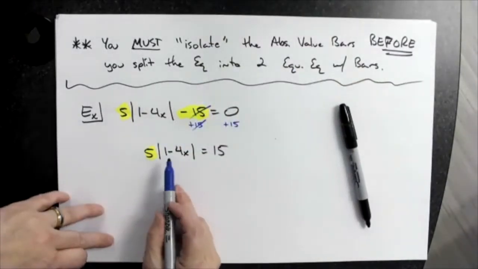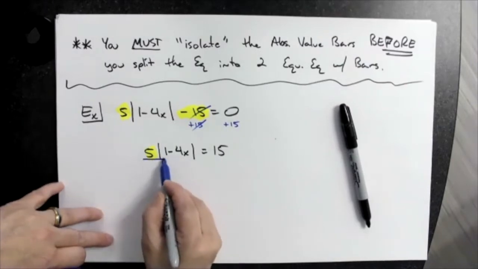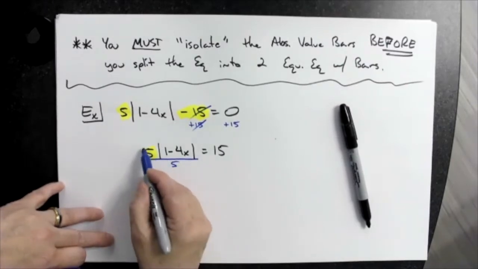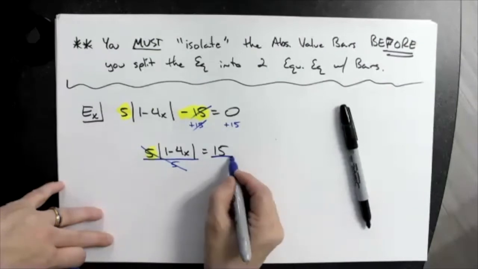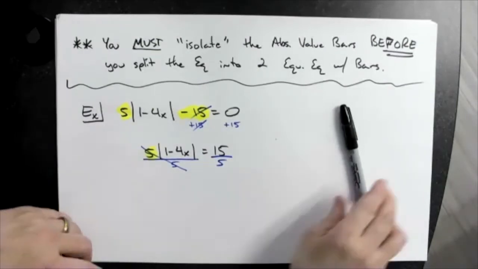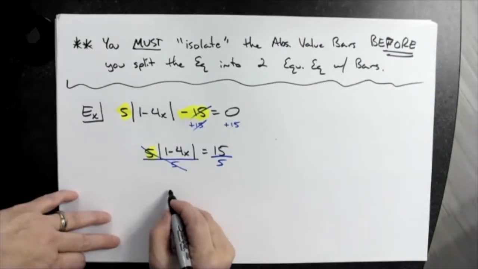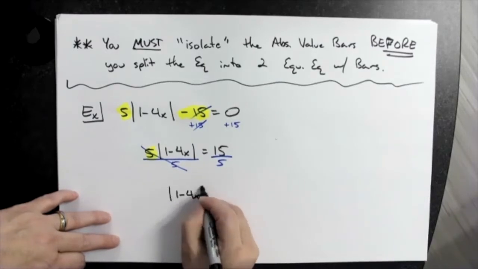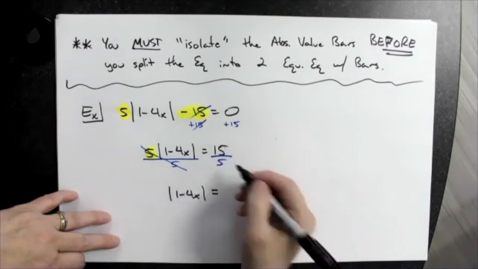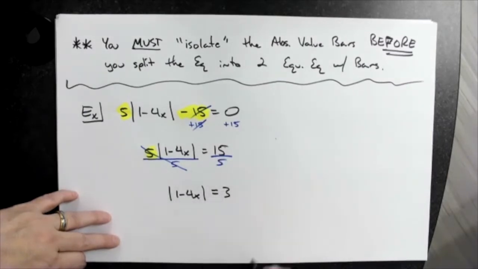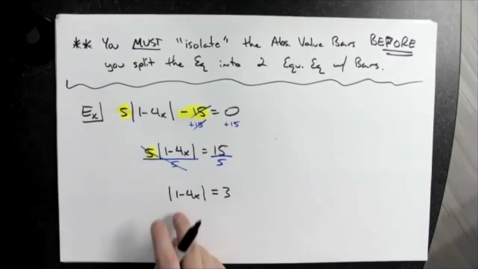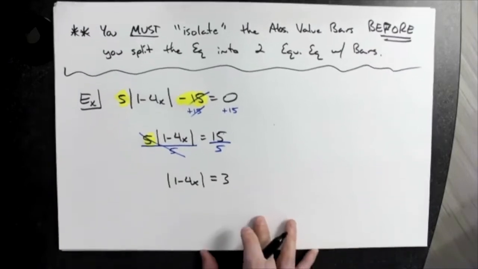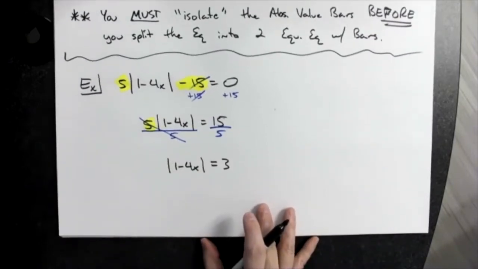It's 5 times the absolute value bars, so I'm going to divide by the 5 so that they cross out on the left. I'm going to divide by 5 on the right. Then I will actually be down to an absolute value of 1 minus 4x equals 15 divided by 5 is 3. So I have at this point isolated my absolute value bars.